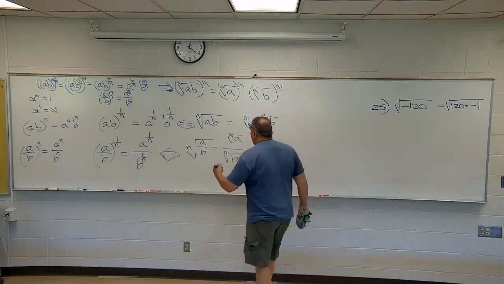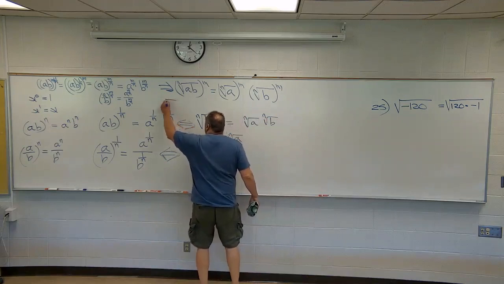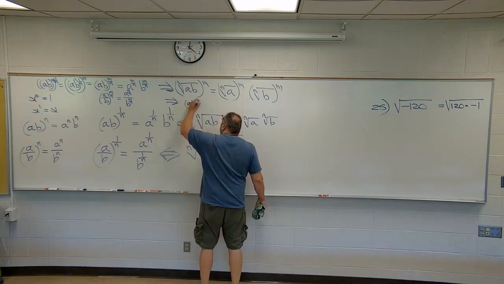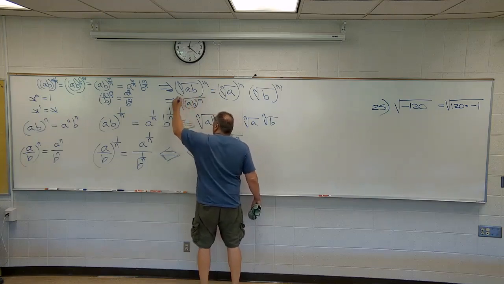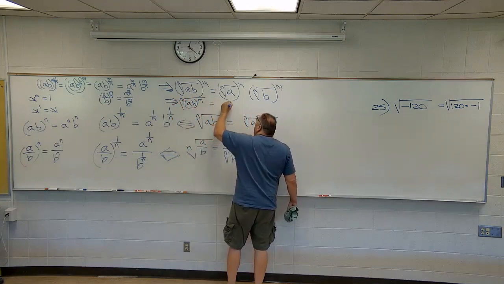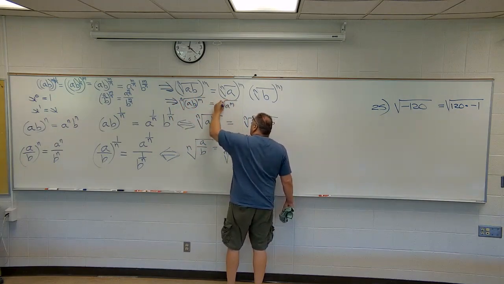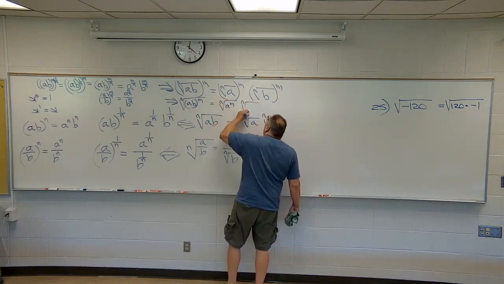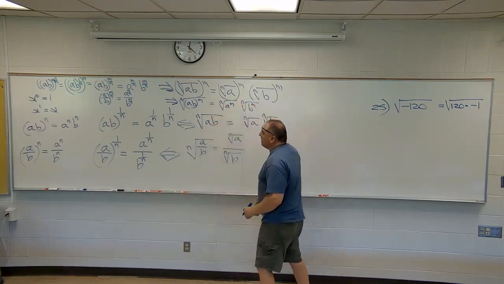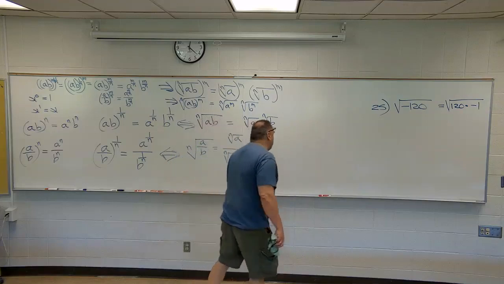Now, could you have written this a different way? You better believe you can write it a different way. You can go AB, the whole thing to the m, and then get the nth root. What does that mean? Well, you take a to the m and then get the nth root, product of the nth root of b to the m. That's the stuff we were talking about earlier, guys.